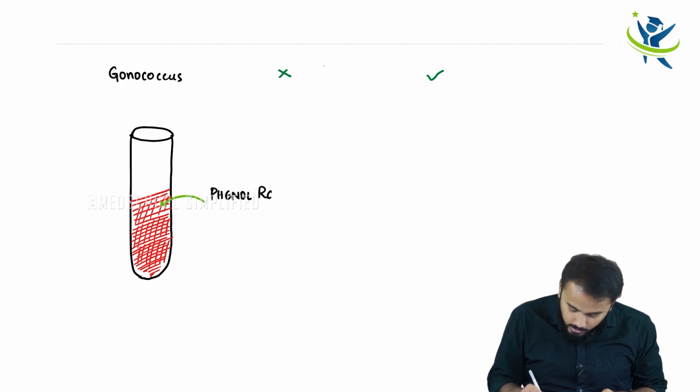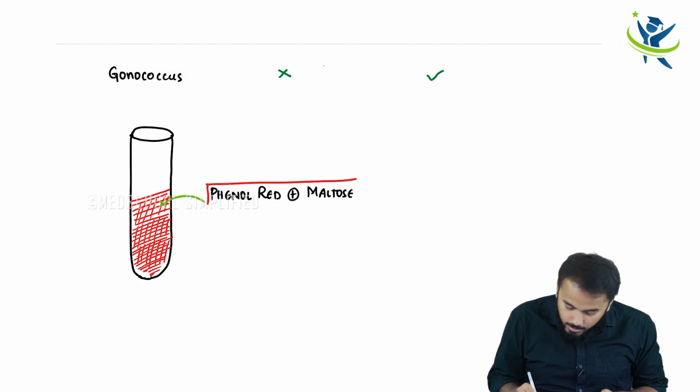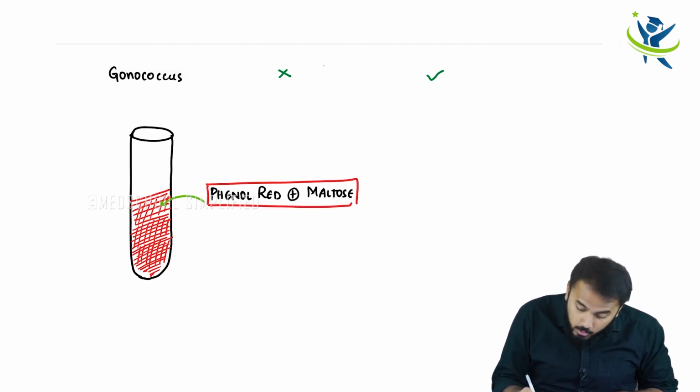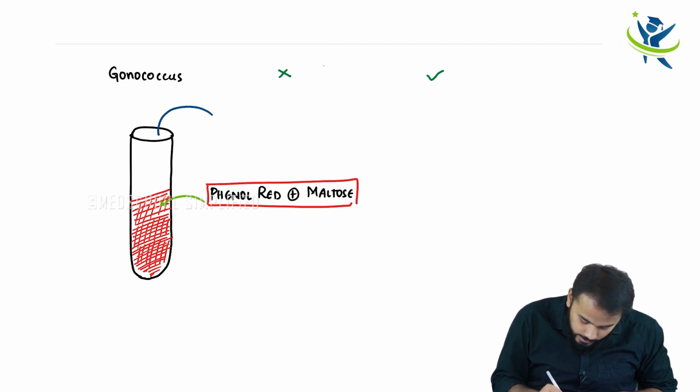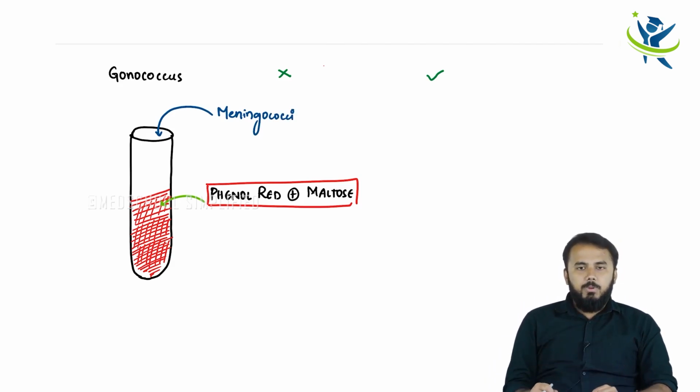I have added phenol red plus maltose. Phenol red and maltose. Now look what I am going to do. Now I am going to add this bacteria. What bacteria? I am going to add Meningococcus into this.